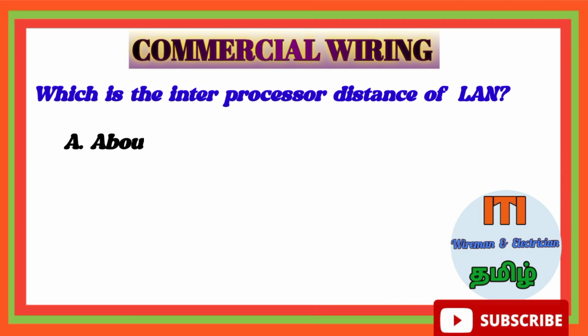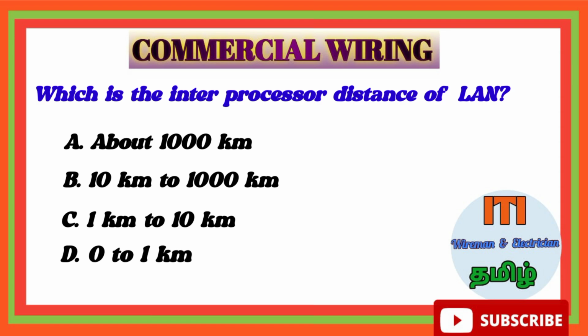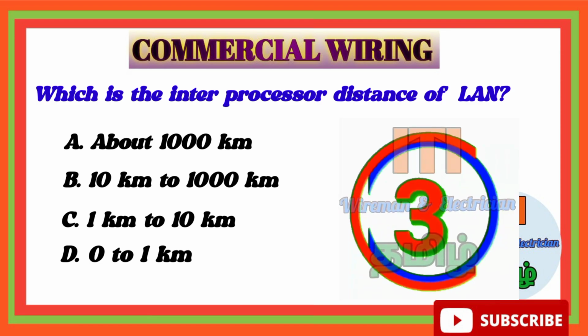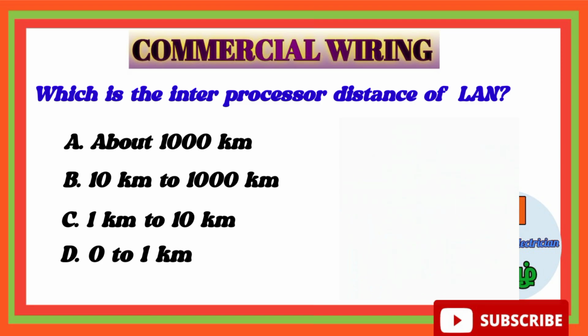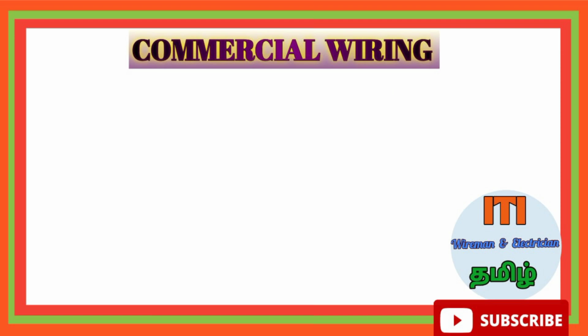Option A, above 1000 km. Option B, 10 km to 1000 km. Option C, 1 km to 10 km. Option D, 0 to 1 km. Answer: option D, 0 to 1 kilometer.